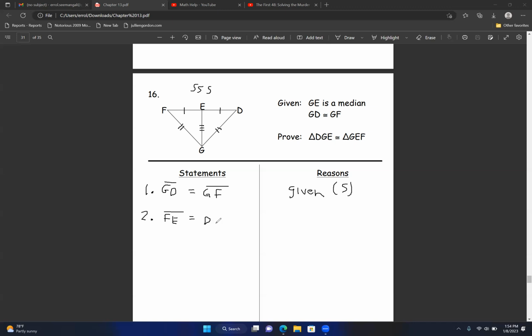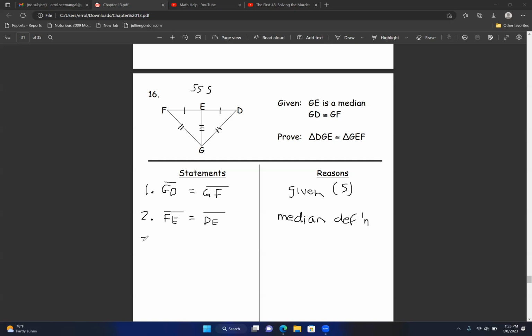DE equals EG. What's the reason here? Median definition. Yeah, median definition.